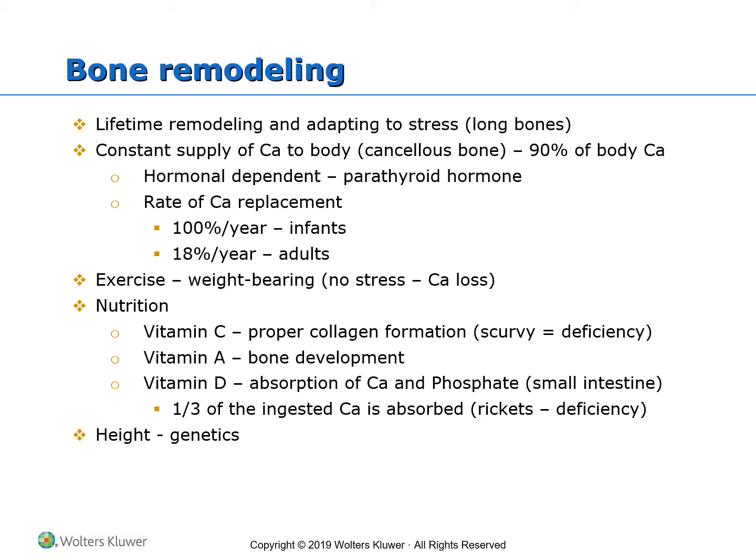So, along with the bone remodeling comes in the concept of calcium warehouse. So our bones are storing the calcium. So there is a constant supply of calcium for the body needs. 90% of the calcium in our body will be stored in the bones and not freely circulating in our blood.